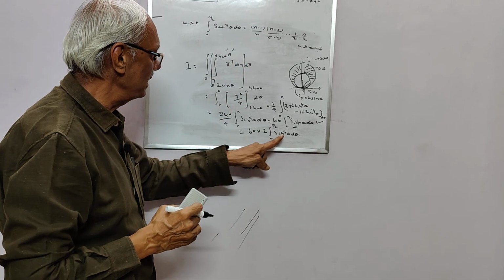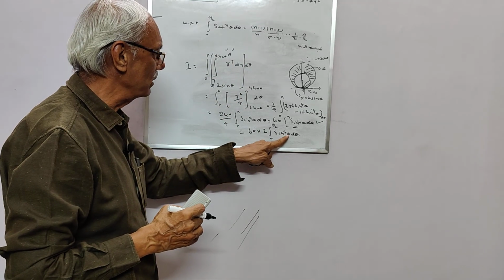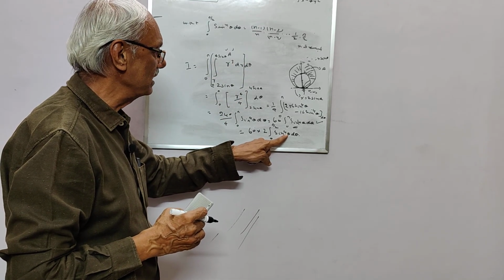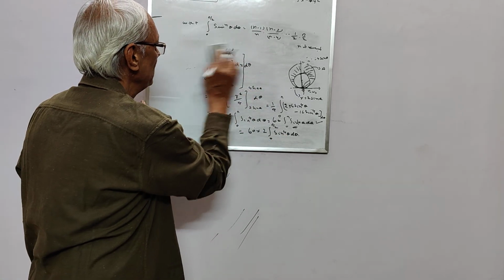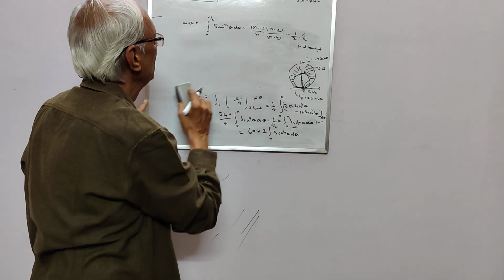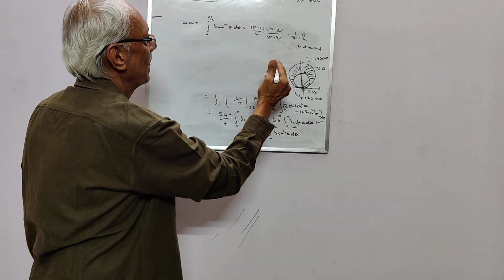Now you can see that in sine to the power of 4 theta, 4 is an even number, so I can apply this.